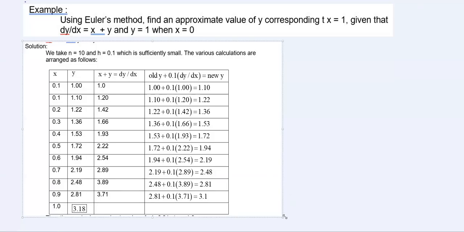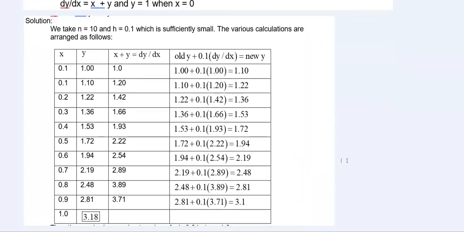Yeah, okay. So this will explain to you the calculations.